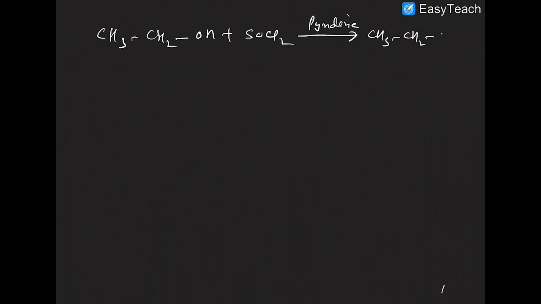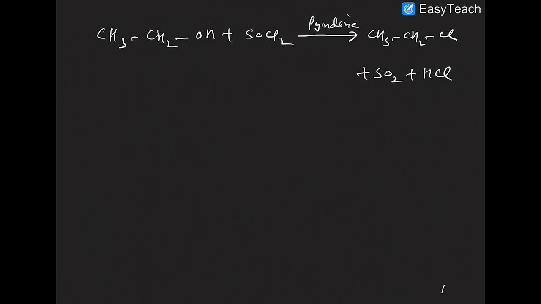So look at that, what happens here is that CH3CH2OH reacts with SOCl2 in pyridine. The same reaction can also take place in ether. So you have the formation of the alkyl chloride along with SO2 and HCl.